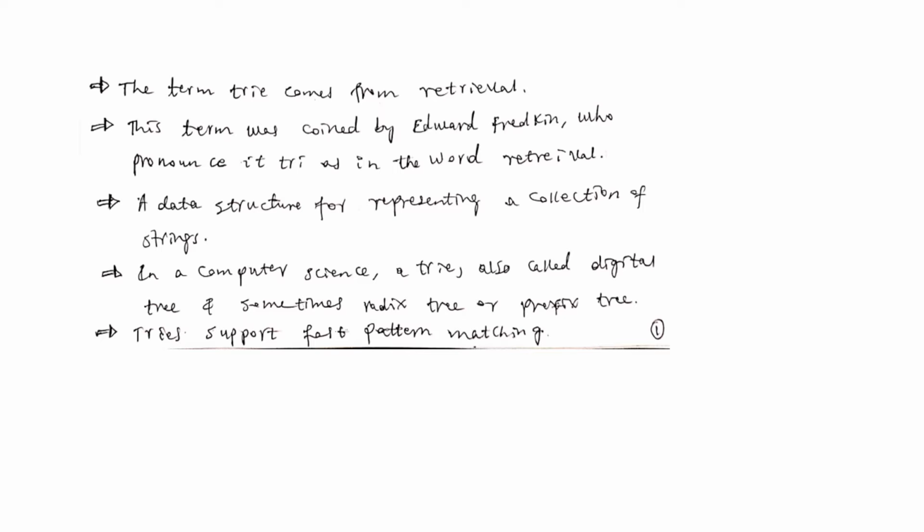In computer science, a trie, also called digital tree, and sometimes radix tree or prefix tree. And also, this trie supports fast pattern matching.